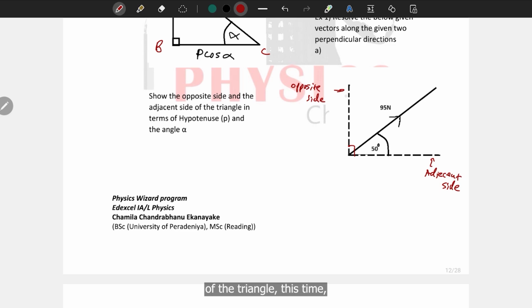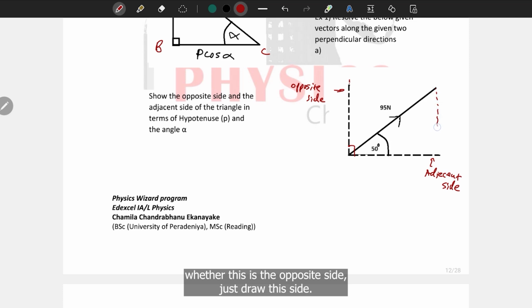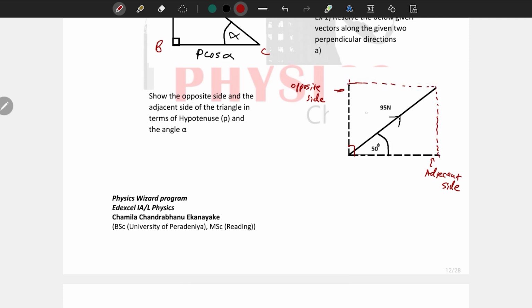If you can't clearly see whether this is the opposite side, just draw this side, and you can now clearly see that these two sides are simply equal in length, and these two sides are also equal in length. Simple.